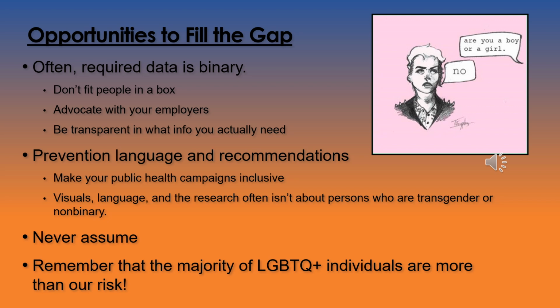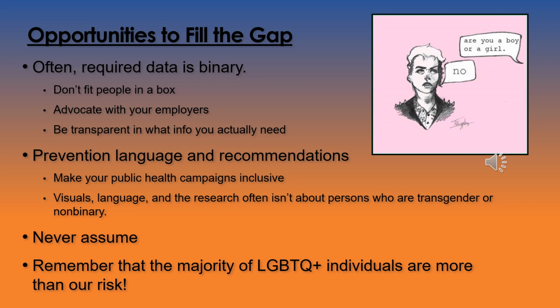We need to advocate with our organization to provide more gender-affirming care. And then we need to be very transparent about what information we actually need to obtain from our patients. And of course, we need prevention language and recommendations as well, such as the terminology that we went over earlier in this program. We want to make sure that our public health campaigns are more inclusive.